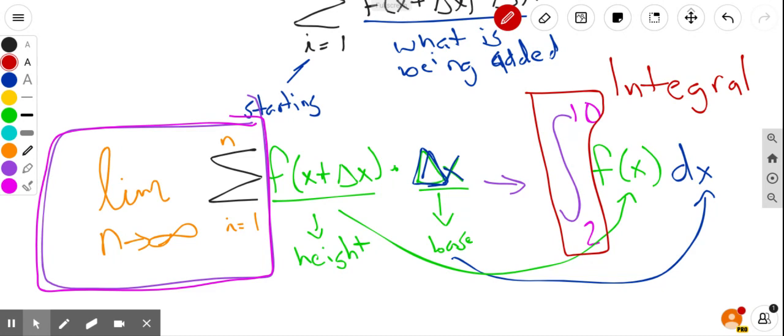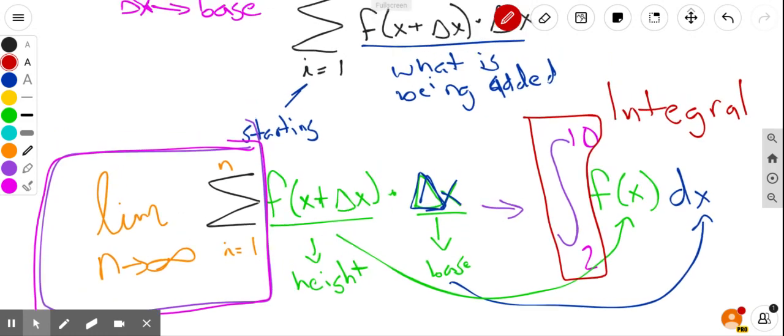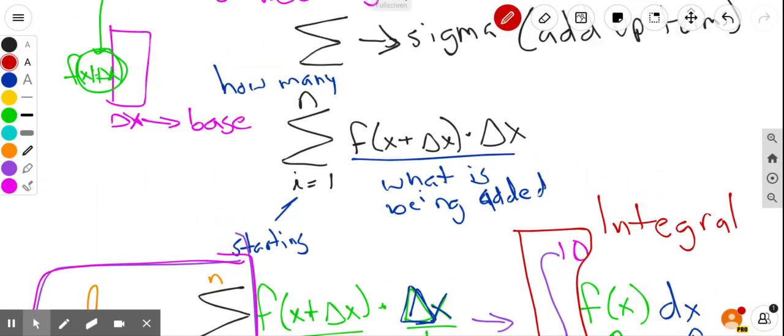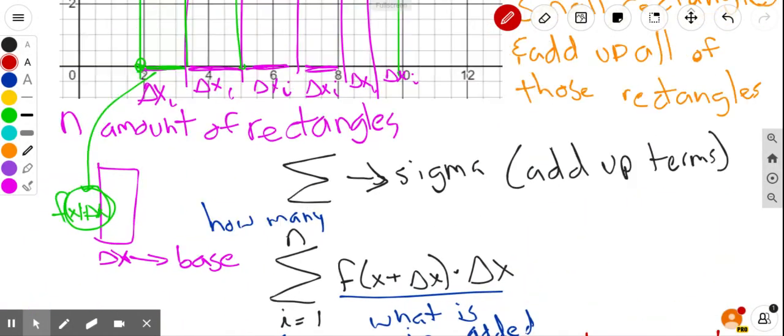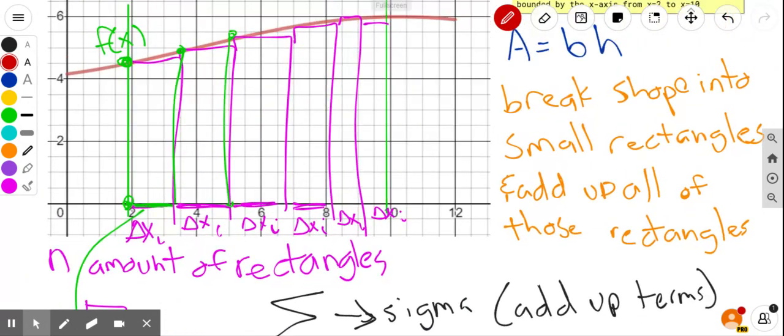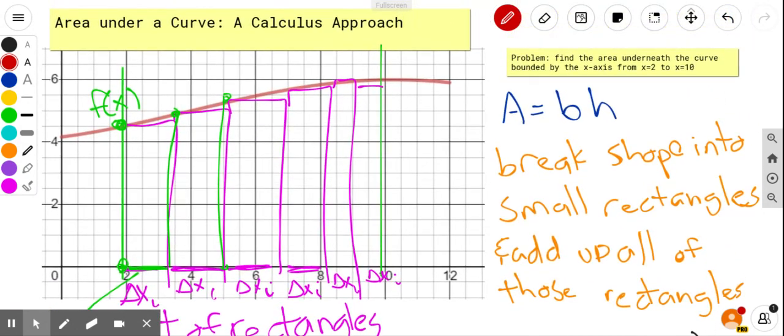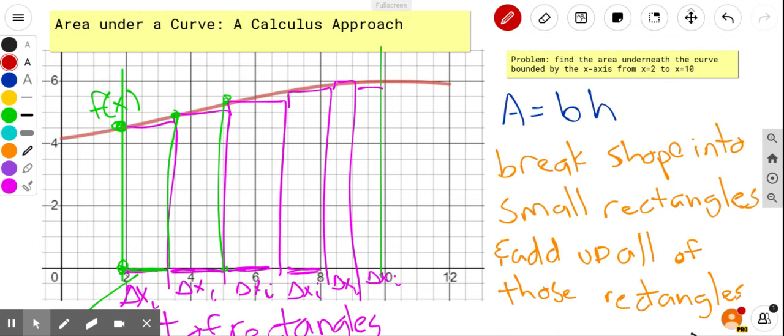But if I go back to the original problem, right, and I think about what they're trying to do, what I want you to know is this. This question right here was asking you to find the integral 2 to 10.